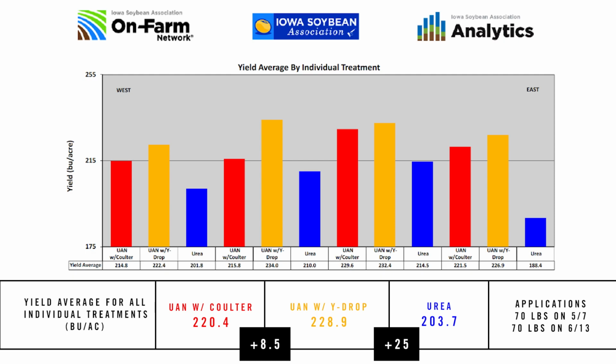The second was UAN via Y-drop, where we had an 8.5 bushel gain over the coulter. And the third was broadcast pelletized urea, where the Y-drop had a 25 bushel gain, again applying the same amount of product on exactly the same day. So the placement and timing advantage of Y-drop becomes very clear when you look at this 6 location summary plot.